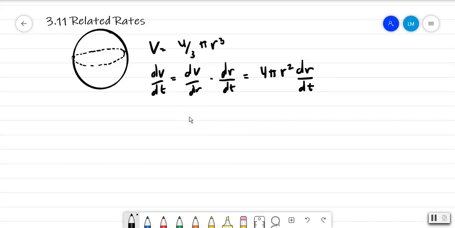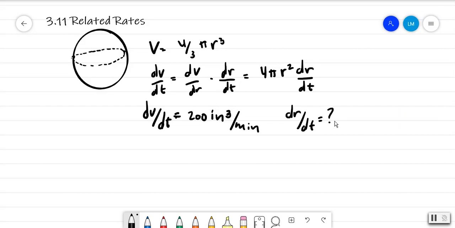Say I want to know what the rate of change is for the radius if the volume was changing at a rate of 200 cubic inches per minute. But then I don't know what dr dt is, of course. But we'll go ahead and say that r is going to be 4 inches.